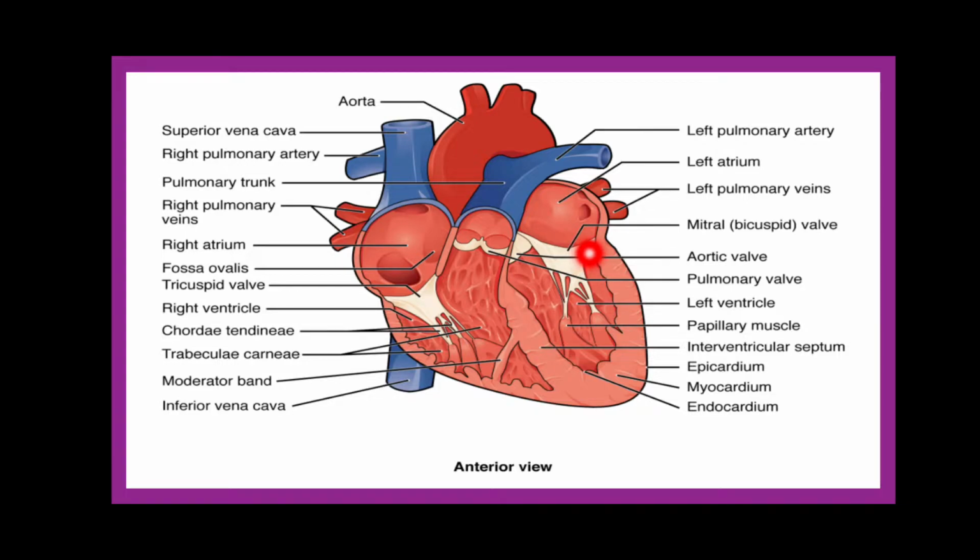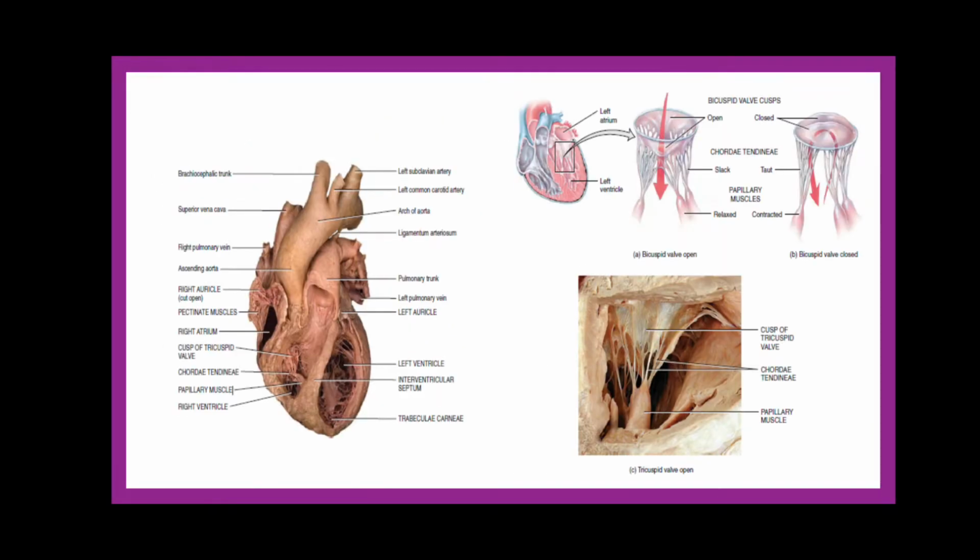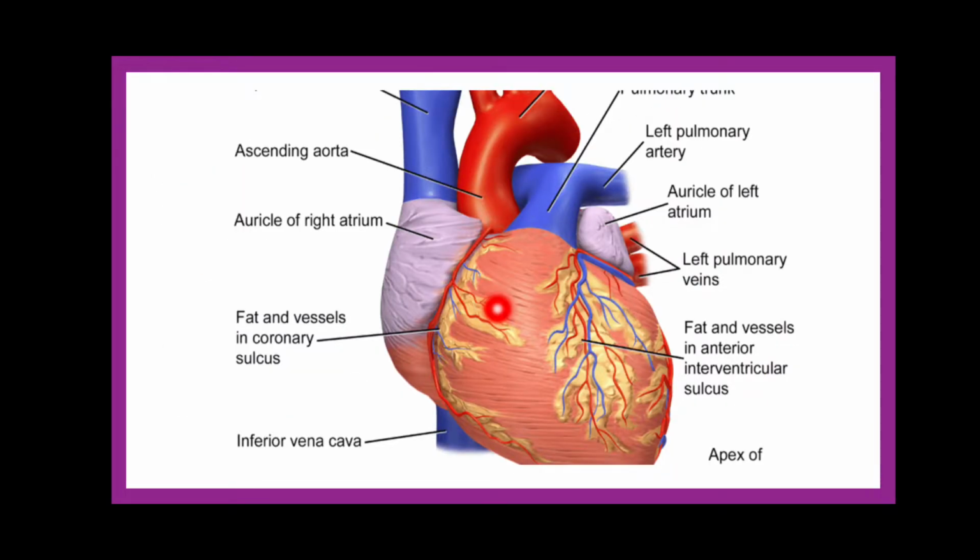From where? The right atrium receives the blood from the superior vena cava, the inferior vena cava, as well as the coronary sinus, which is present in the coronary sulcus on the outer region. I will show you the coronary sulcus. These are the vessels present in the coronary sulcus. The sulcus between the two ventricles is the interventricular sulcus, and this is the coronary sulcus, wherein the coronary sinus is present.